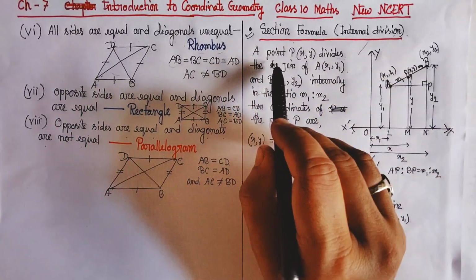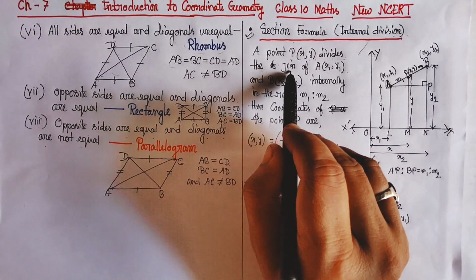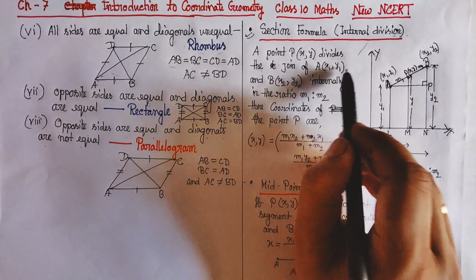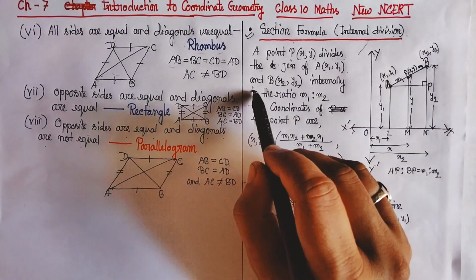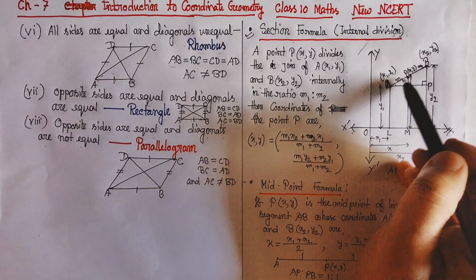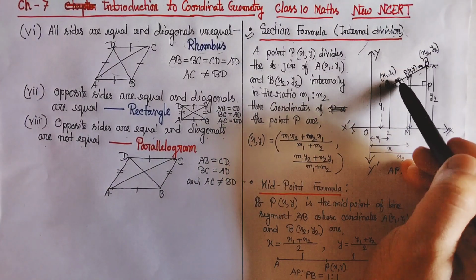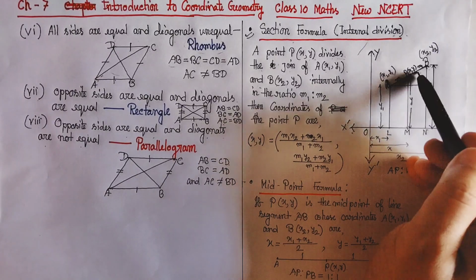So here a point P (x, y) divides the join of A (x1, y1) and B (x2, y2) internally in the ratio m1 is to m2. So P divides AB internally in the ratio m1 is to m2.